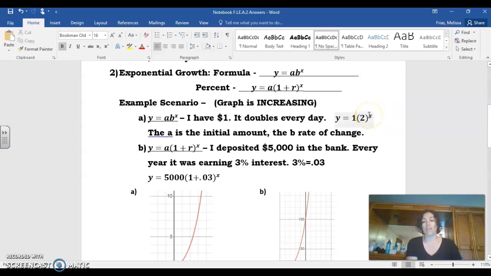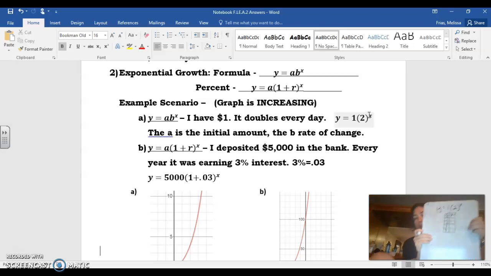And you could even do a table. Let's see, I will do one for you right here. You have y equals 1 times 2 to the x, and you did a table of points, you can plug in 0, 1, 2, 3, 4.